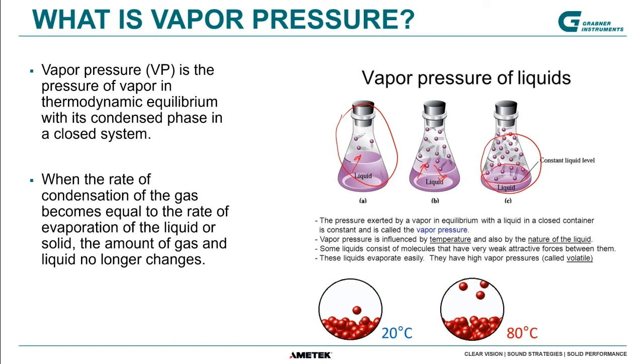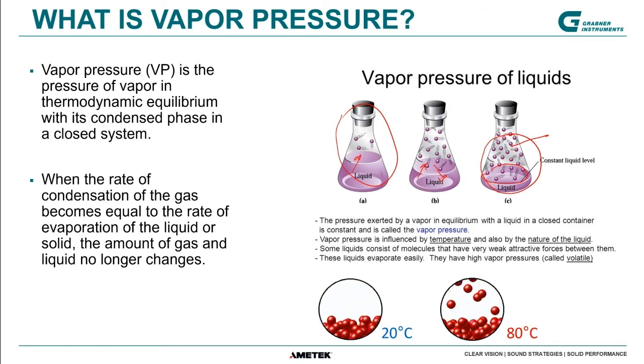The level of the liquid is no longer changing, and the equilibrium pressure which is built up here is the vapor pressure of the liquid. Typically, it's not the liquid alone, because maybe there are dissolved gases in the liquid which then add to this. We come to this later.